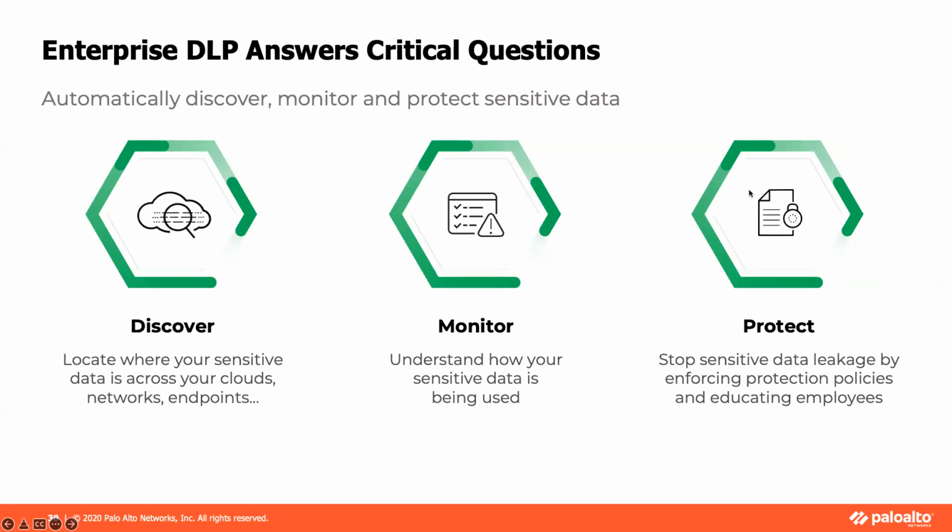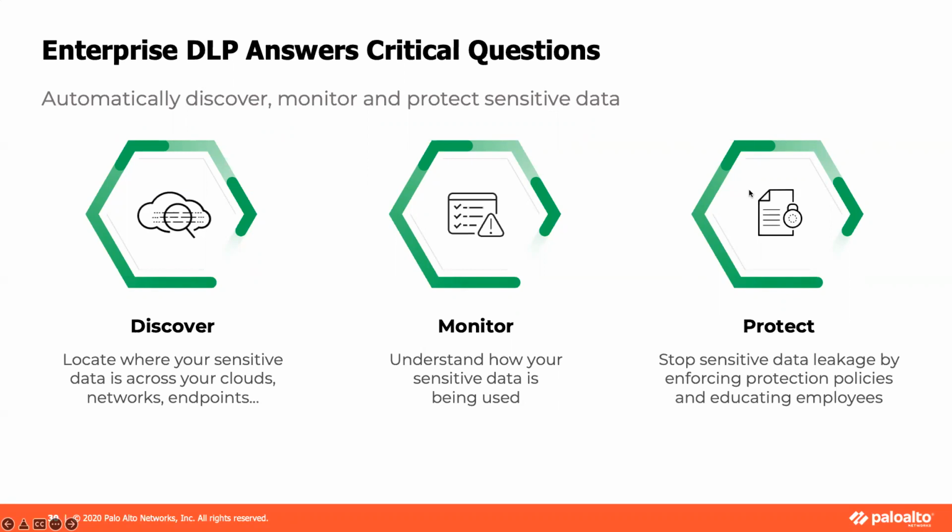We can use automation to discover, monitor, and protect sensitive data. We can figure out where it's at. We can discover it in the network, across the cloud, on endpoints, data in motion, data at rest.